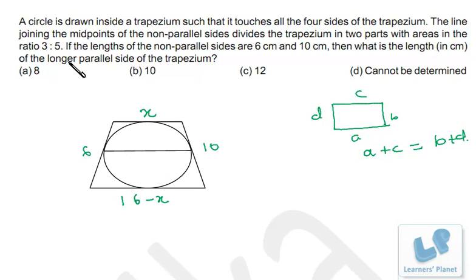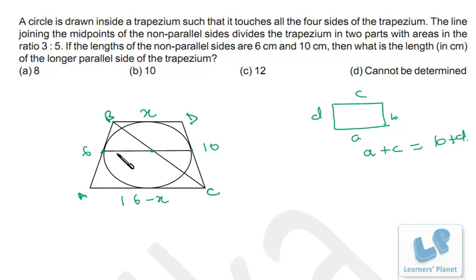After that, the line joining the midpoints. See, this is the midpoint. This complete length is 6, this complete length is 10, so this is the midpoint. One more theorem we are going to use over here. Listen to me carefully. Now I have drawn a line over here, that is line BC. This is the midpoint of this line and this is the midpoint of this line. That means this line is passing through the midpoint of BC as well.